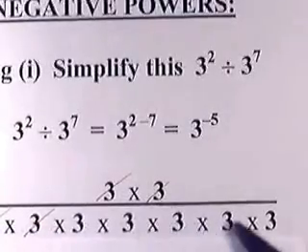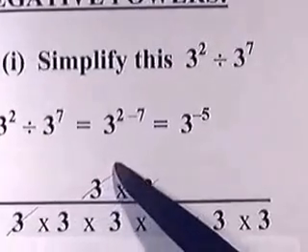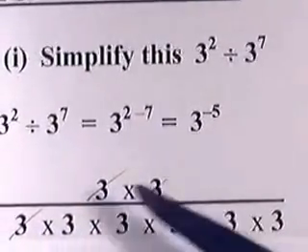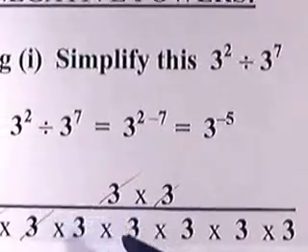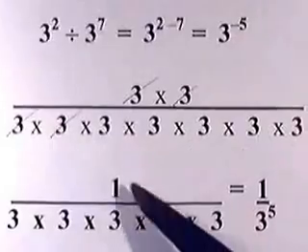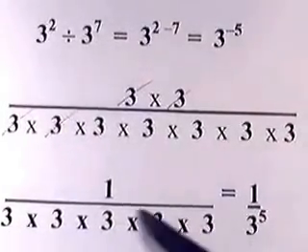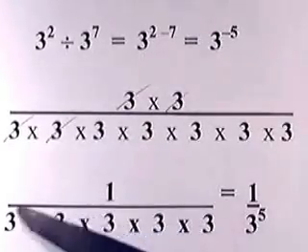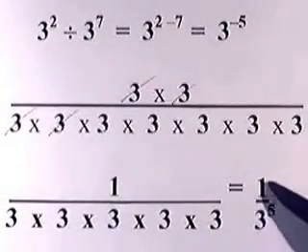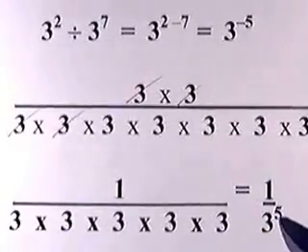There are 7 3's being multiplied together, but of course we can cancel 1 3 on the top with 1 3 on the bottom, another 3 on the top with another 3 on the bottom, and this would leave us with 1 over 3 times 3 times 3 times 3 times 3 along the bottom. How many 3's are being multiplied together along the bottom? 5 of them are. So this is the same as 1 over 3 to the power of 5.